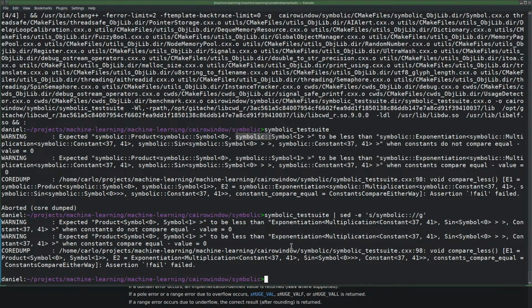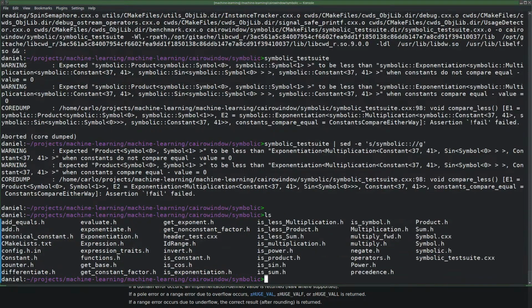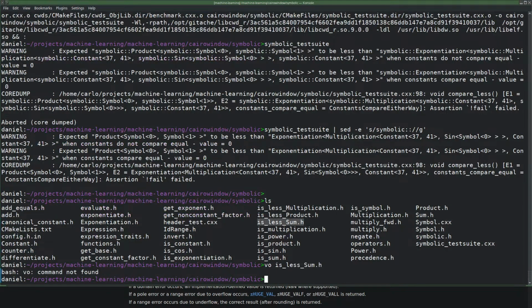Okay, so a product with a product and an exponentiation. I could have typed VI.